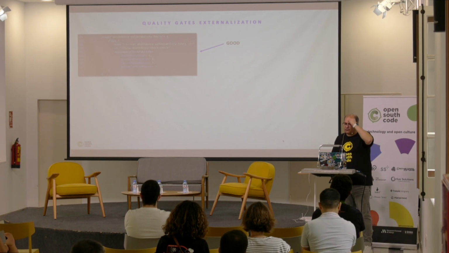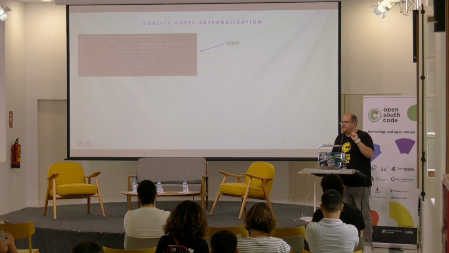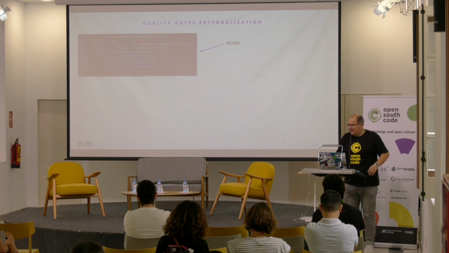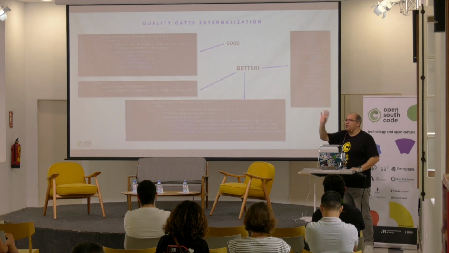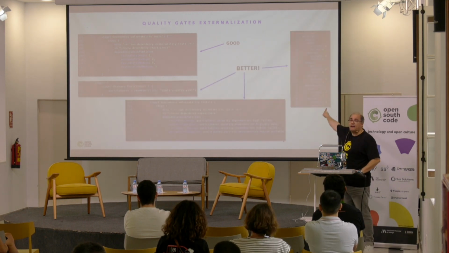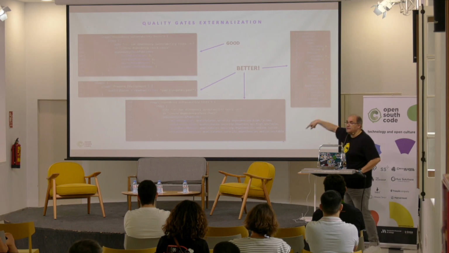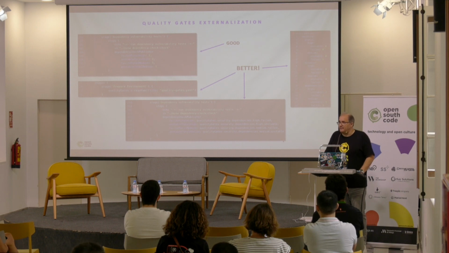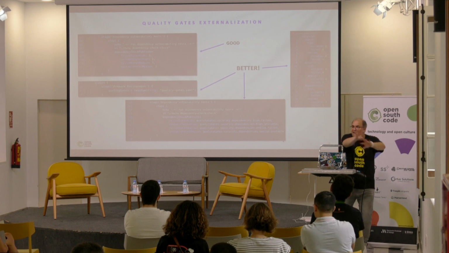One thing I wanted to say before finishing is to always externalize your quality gates. It is good to have your quality gates as part of the pipeline, but it's much better if you have them, for example, in a YAML file, and then just use these values in your pipeline. Why? When you have 3,000 lines of code in your pipeline or in your Terraform script, a quality gate can just get lost there.